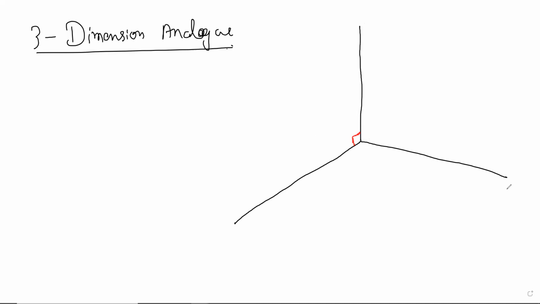In 3 dimensions, there are 3 directions. Let me call this direction X. Then there is a second direction outward. Maybe I could have taken this to be parallel to the screen. This outwards is the Y direction, and this is the upward Z.